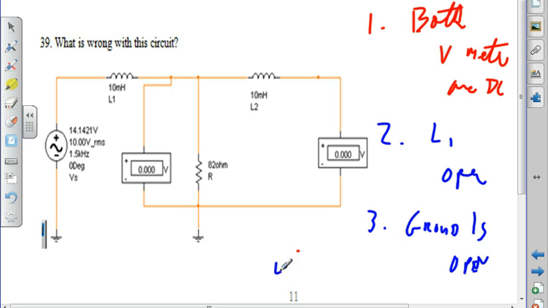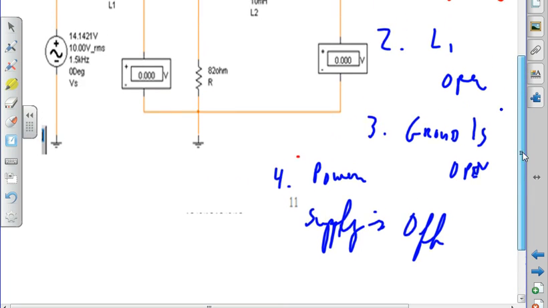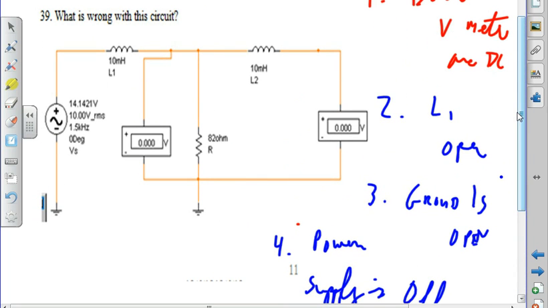Or you could come to the conclusion that the power supply is off. You could come to that conclusion too, right? So those are all possible answers. Any of those guys would be right.